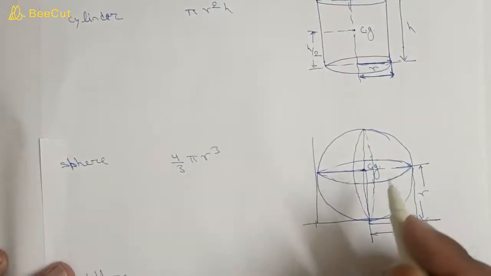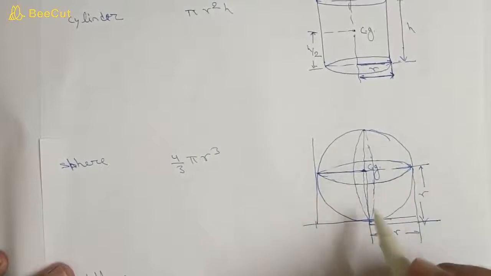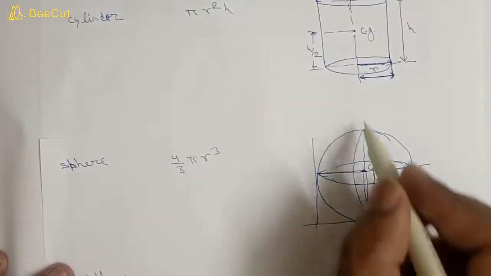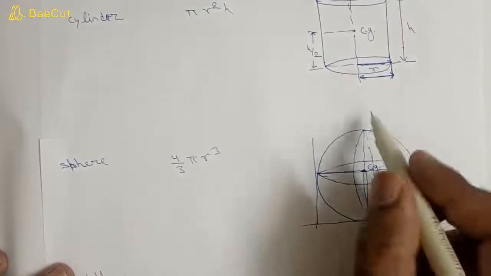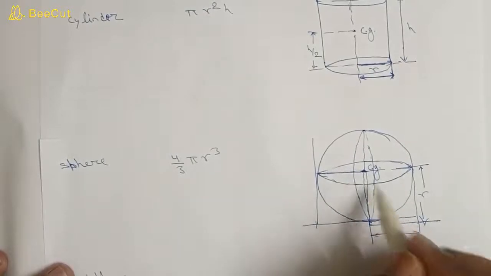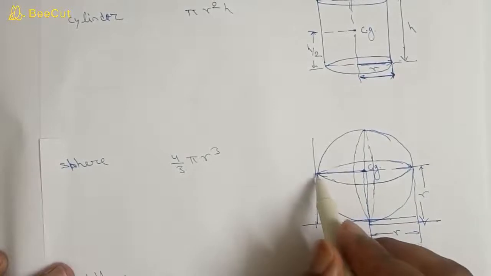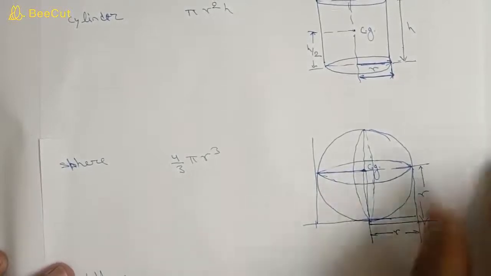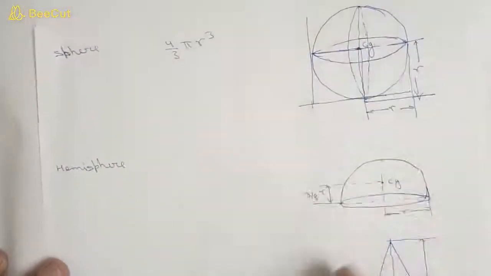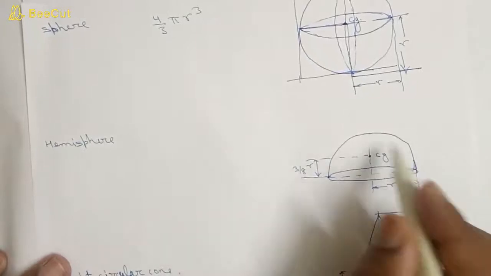So center of gravity of this sphere will be located at cross section of these two vertical or horizontal axes of this sphere. So it will be at r distance from the bottom and r distance from the left hand side.